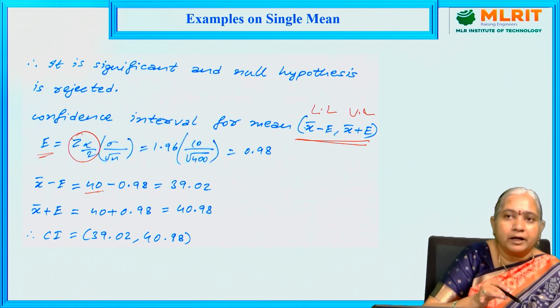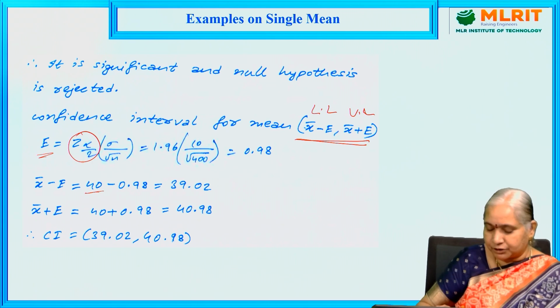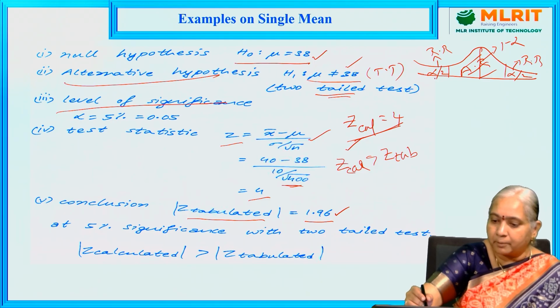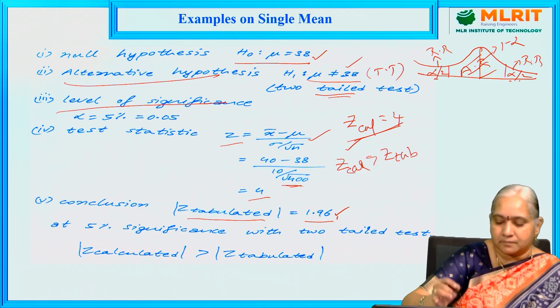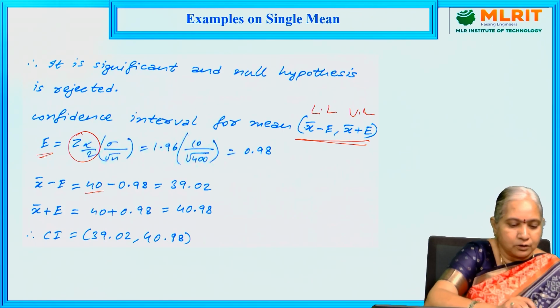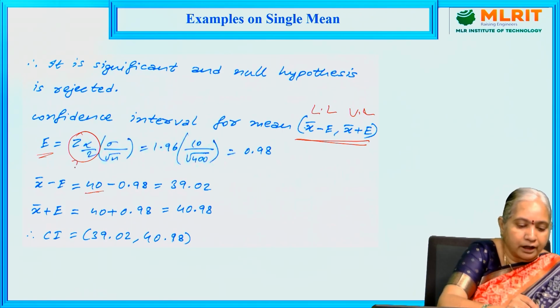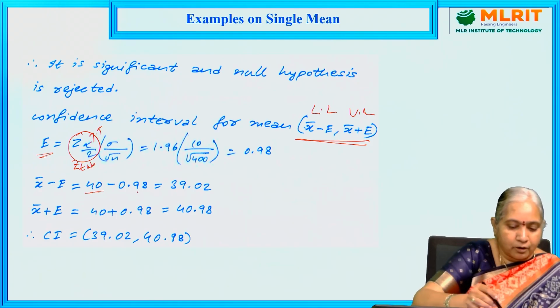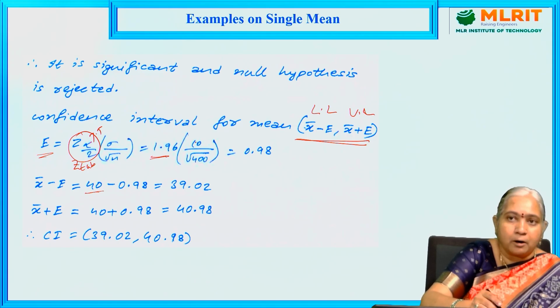Z alpha by 2 means the two-tailed test value, so we take the two-tailed tabular value, 1.96, into sigma, the population standard deviation 10, and the sample size 400.